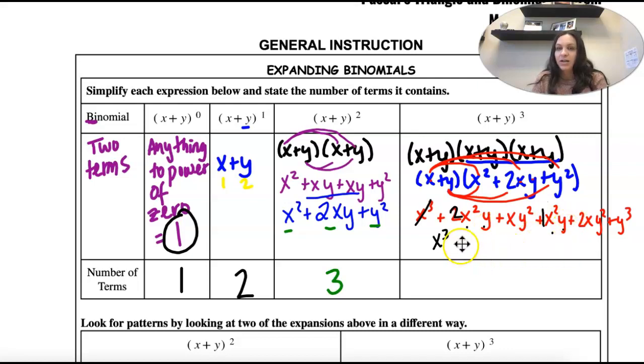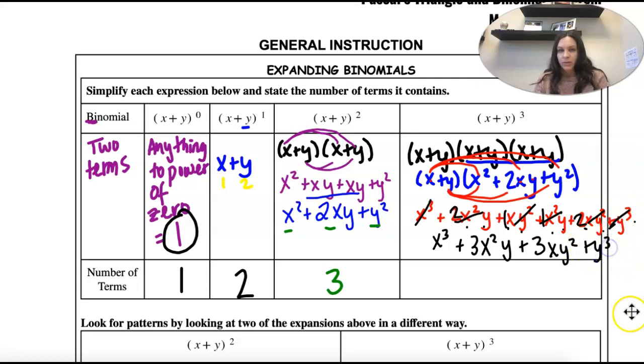So when we add, it's going to be 3 x squared with a y. And then we have an x with a y squared, x with y squared. There's 2 of those and 1 here, so there's actually 3. And then we have a y cubed. So this is the answer here, and there's 1, 2, 3, 4 terms.